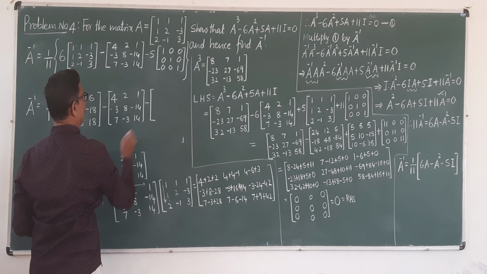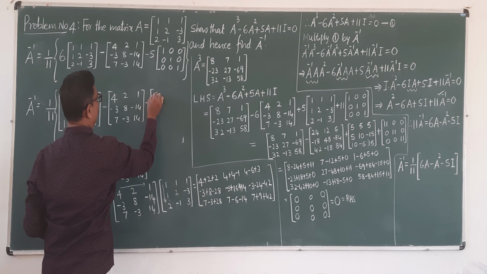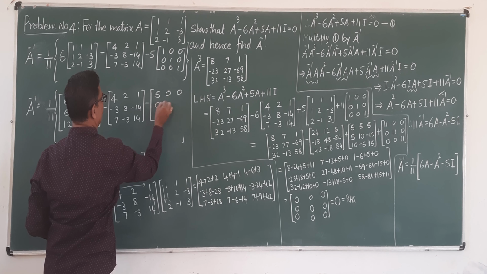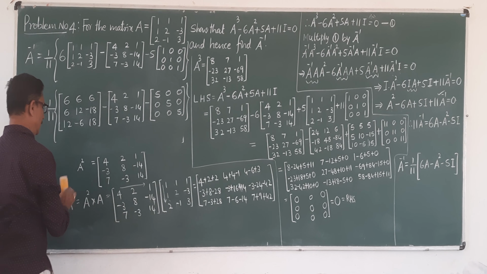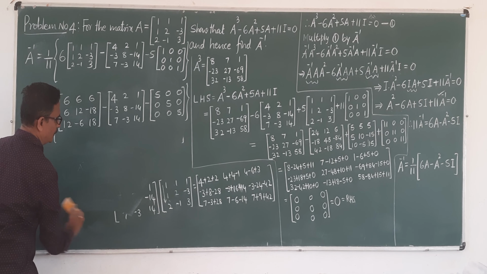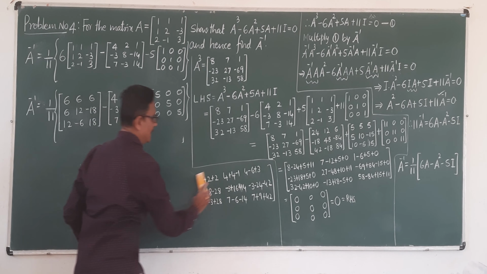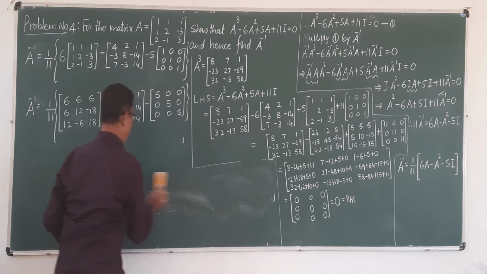Minus, by scalar multiplication, multiply each element by 5: 5, 0, 0, 0, 5, 0, 0, 0, 5. Now observe, all the matrices have the same order, all are 3 cross 3 matrices.